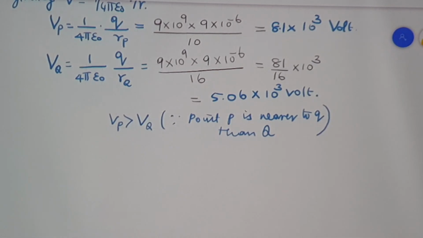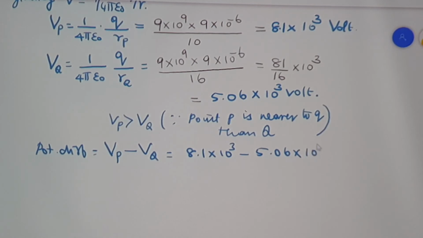Now we can calculate the potential difference. Potential difference is the difference between the two potentials, Vp minus Vq. I can write 8.1 into 10 to the power of 3 minus 5.06 into 10 to the power of 3.